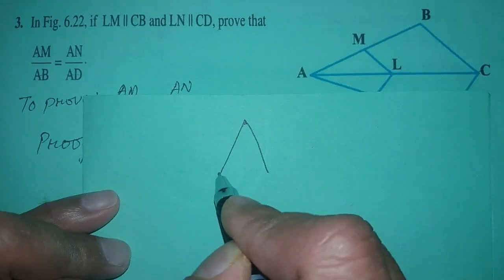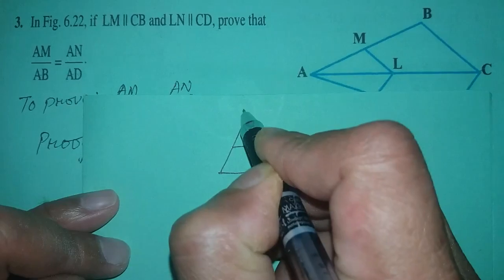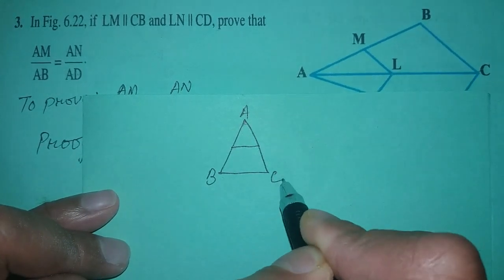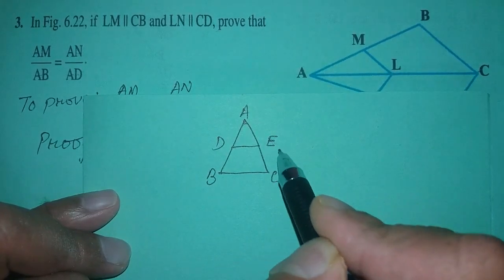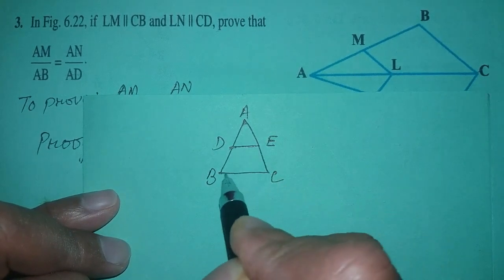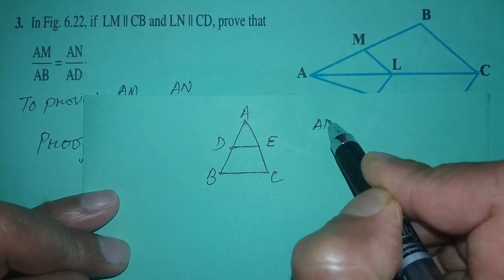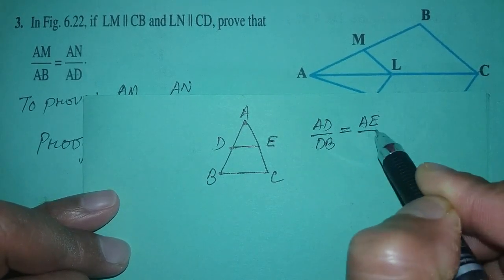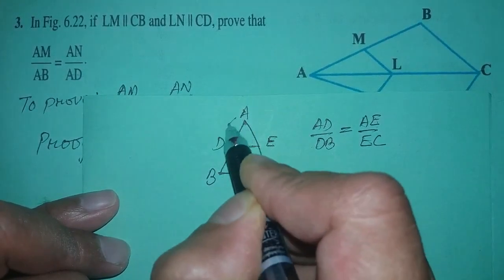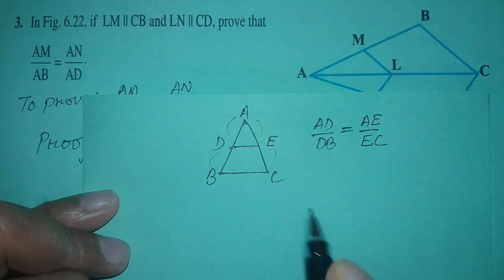Now A, B, C, D, E. Basic proportionality theorem says if these two lines are parallel, then AD by DB is equal to AE by EC.